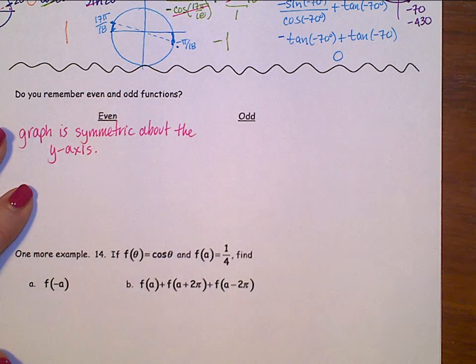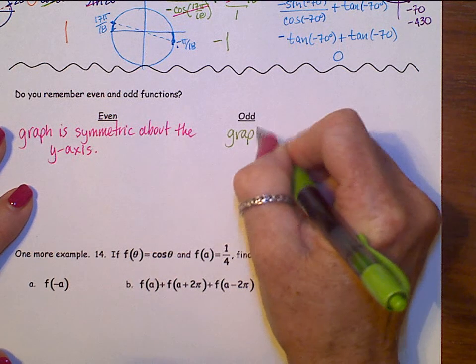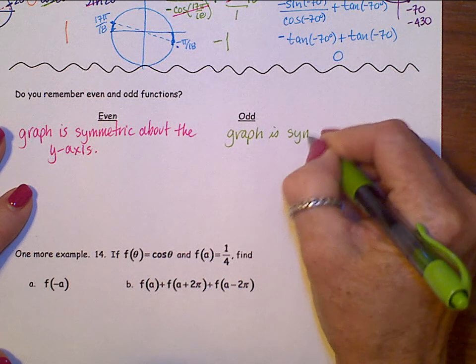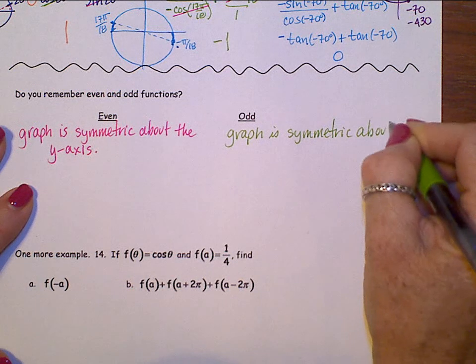And odd functions, we said, are when the graph is symmetric about the origin.